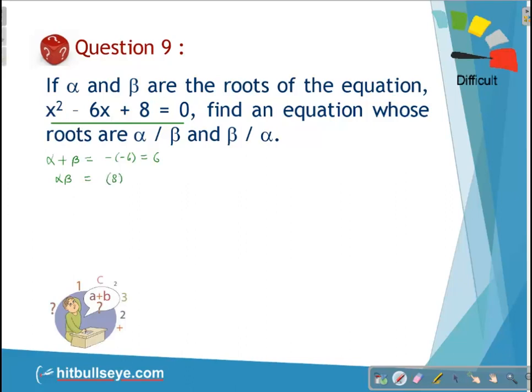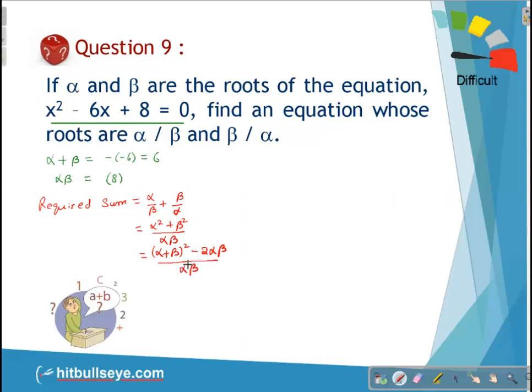Now the required sum of equation is alpha by beta plus beta by alpha, which could be written as alpha square plus beta square by alpha beta, and (alpha plus beta) whole square minus 2 alpha beta by alpha beta.